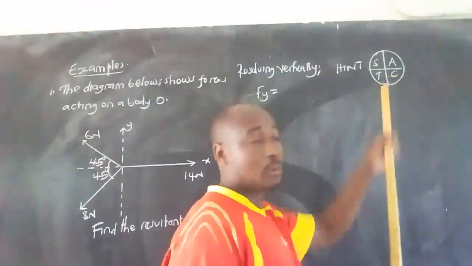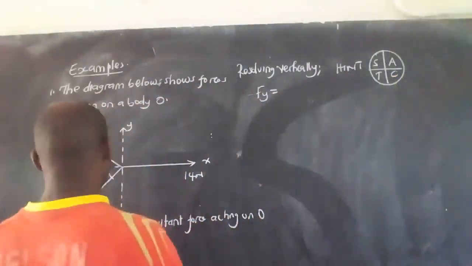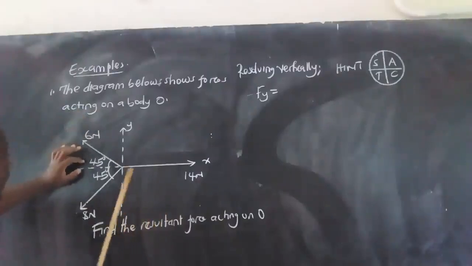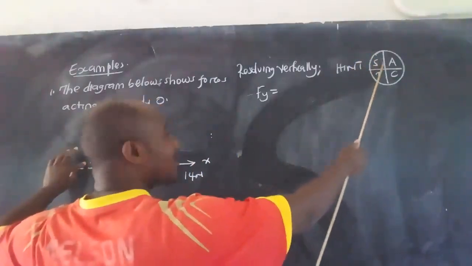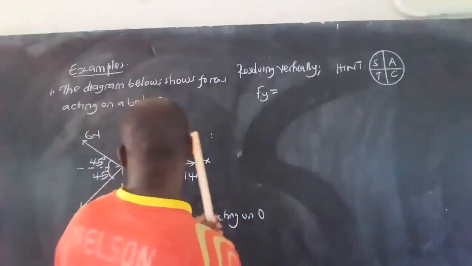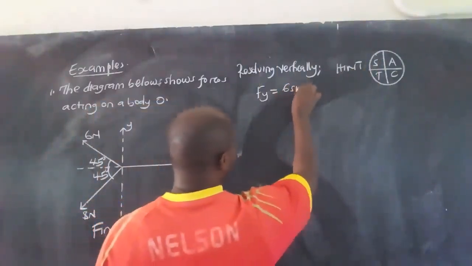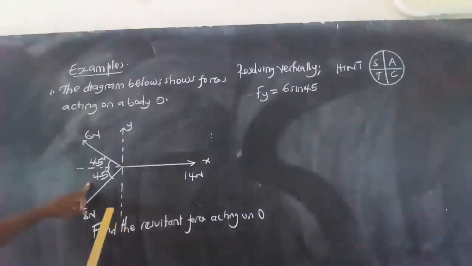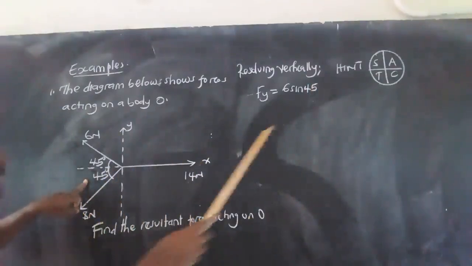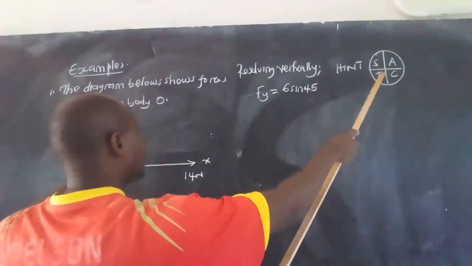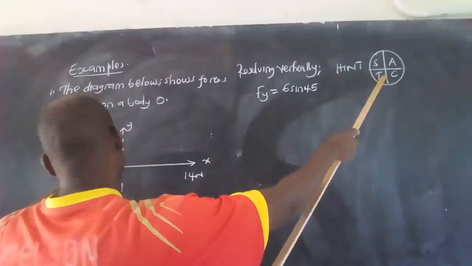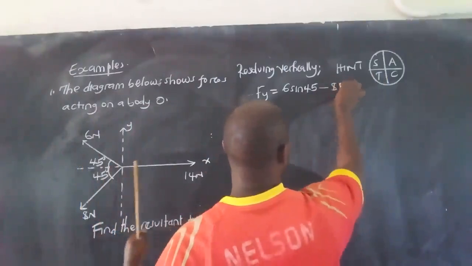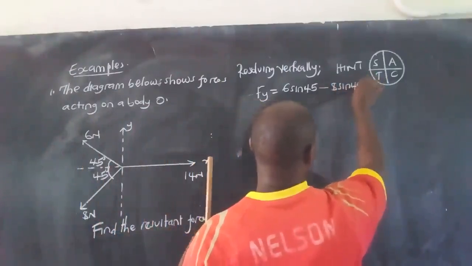Is that okay? So this angle 45, which the 6 makes with the horizontal, is in this quadrant where sine is positive, so it will be 6 sine 45. Then here, in this quadrant, sine is negative, so minus 8 sine of 45.